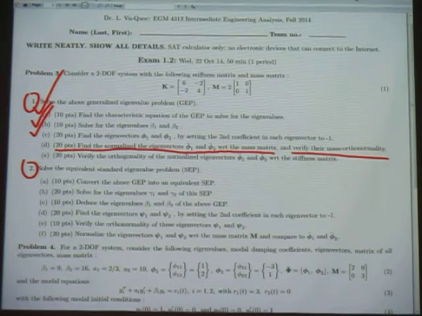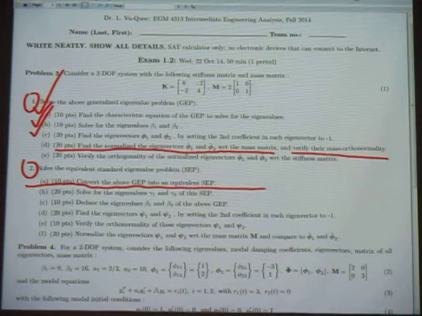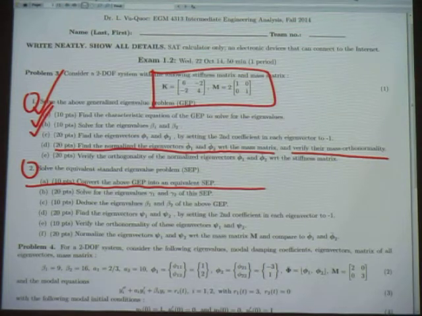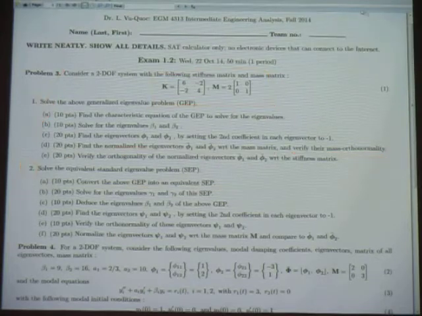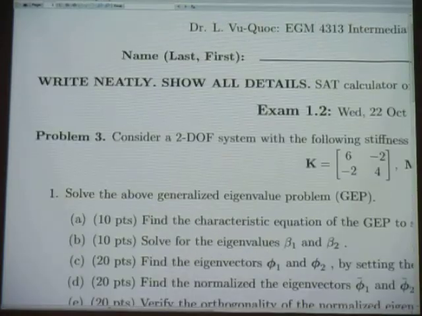So the first question is to convert the generalized eigenvalue problem to a standard eigenvalue problem. Now here are the matrices. I'm asking you, and I hope for good contribution.